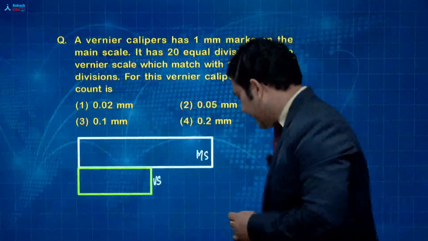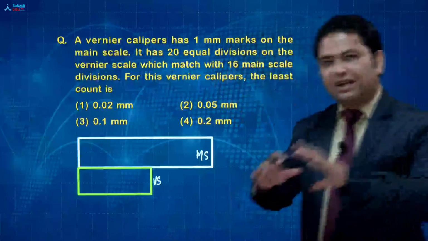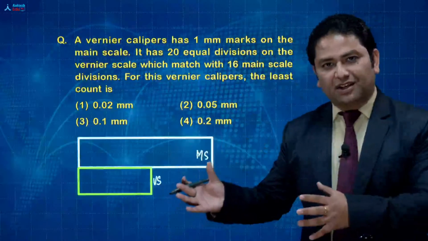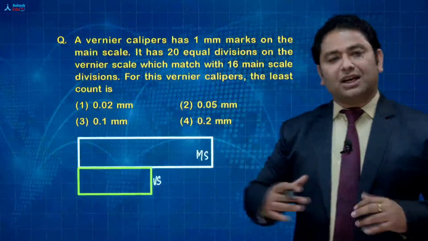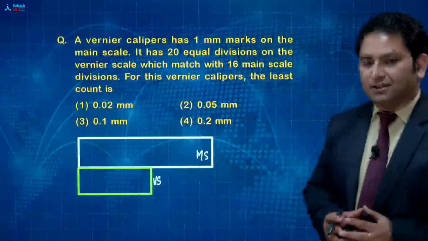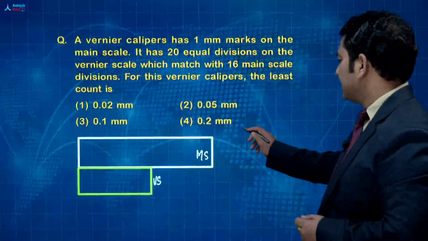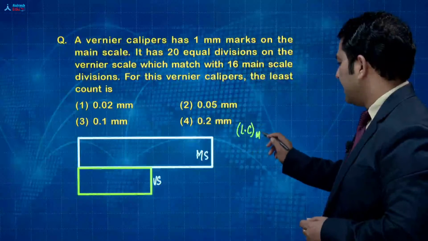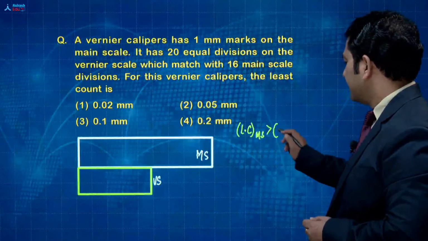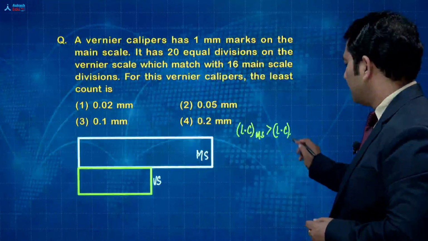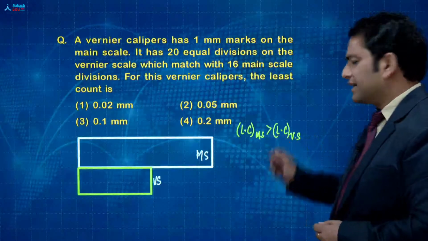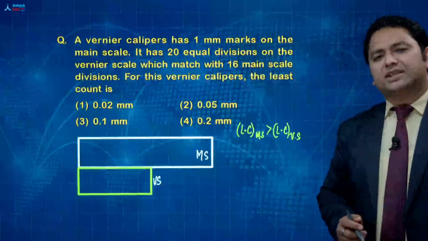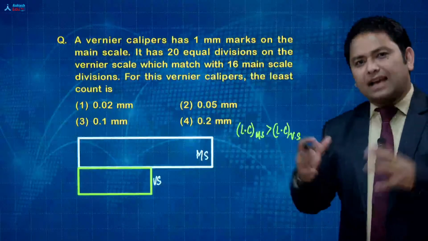You see, I had said in the beginning that we are not here merely for question solving. We'll solve the question and we'll generate the relevant concept. Like the concept is the least count of the main scale is greater than the least count of vernier scale. But when I say greater, it's not much greater, it's slightly greater.